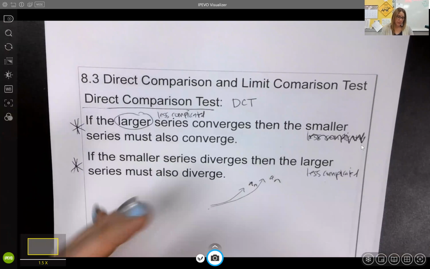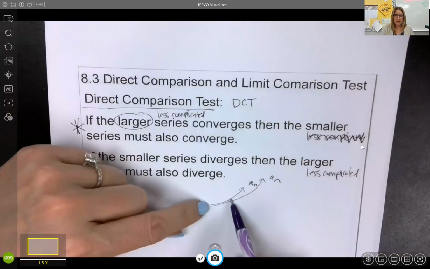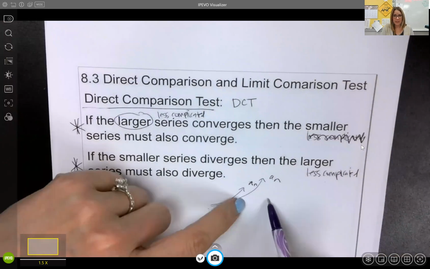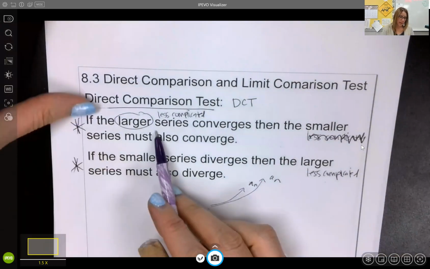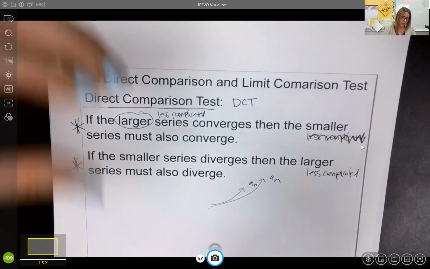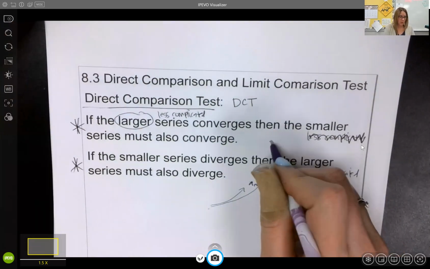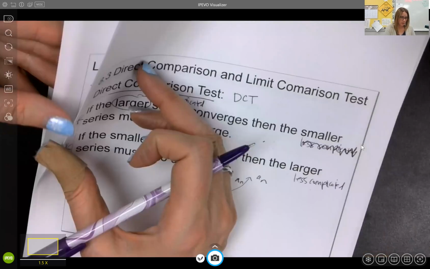If this one is smaller and this one is bigger, if the small one diverges, then the big one has to. In the same sense, if we have a bigger number that's converging, and then we have an even smaller number, it's also going to converge.